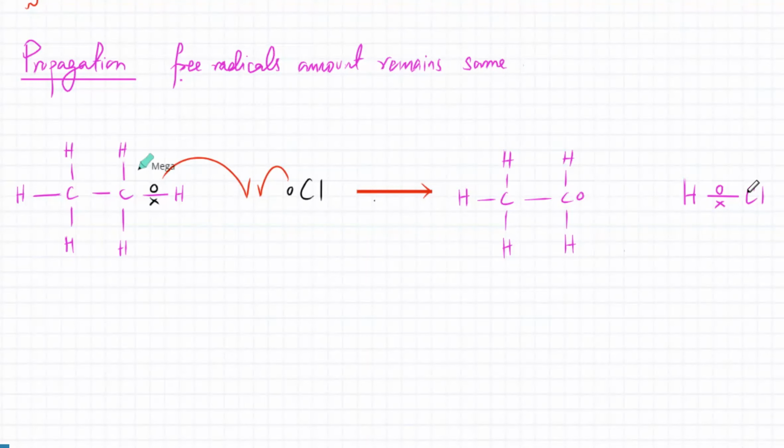So this electron over here goes back to the carbon, because the H took its electron. Instead of sharing it with this carbon atom, it started sharing with Cl. So the carbon is now a radical because its bonds are now incomplete. So this is now a very reactive ethyl radical.